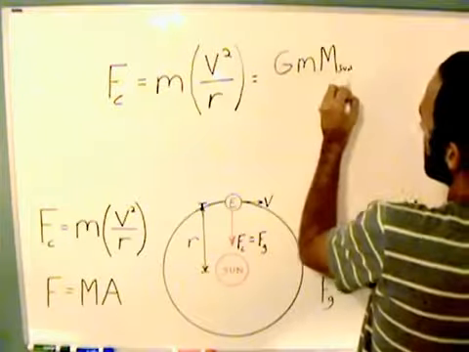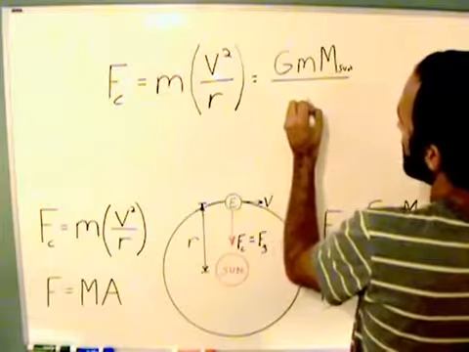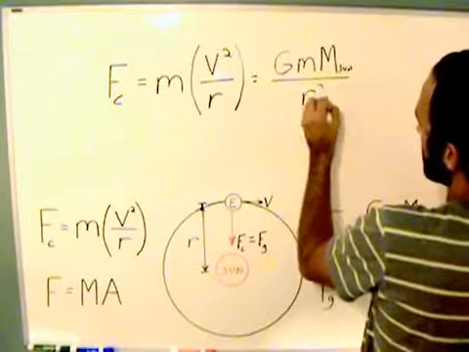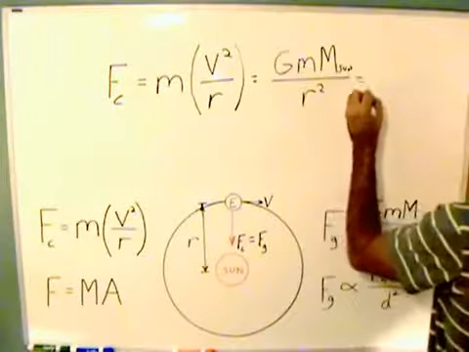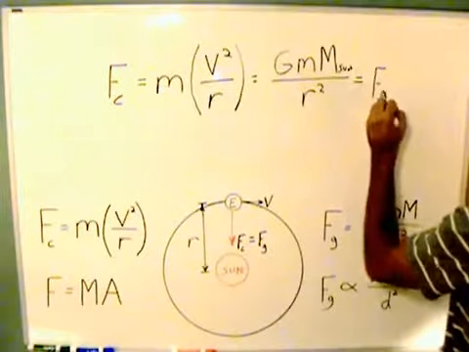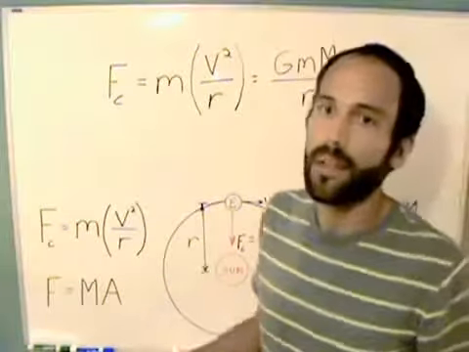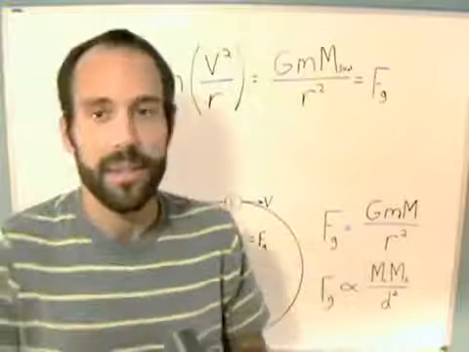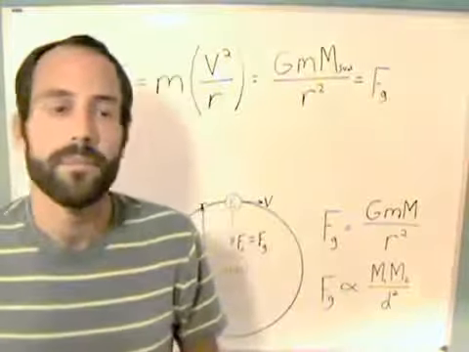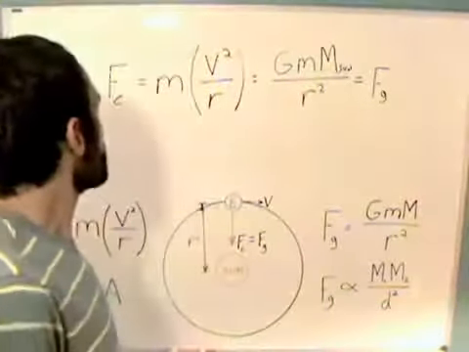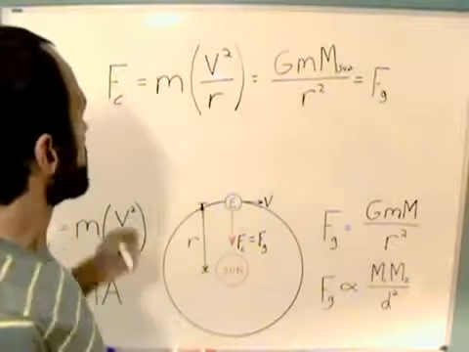I'll write M Sun here to clarify that, divided by the distance that object is from the Sun squared, and that's equal to the force of gravity. These are said to be equal, and this is how the solar system was built, or that's how we applied numbers, or they applied numbers to our solar system. Okay. Well, this math is canceled.